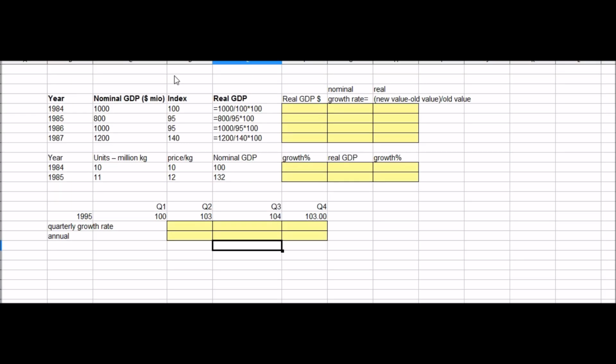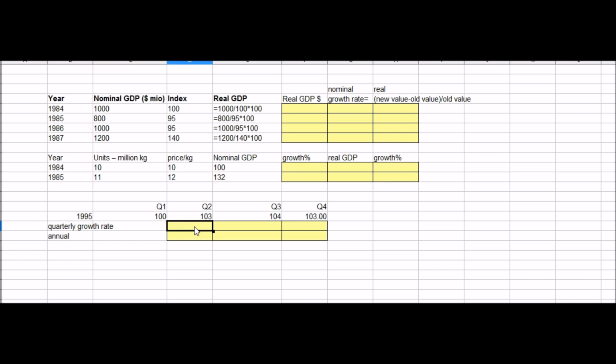So the action item for this lesson would be to complete the yellow spaces where we need to compute the real gross domestic product, the nominal growth rate, and the real growth rate. And for the 1984-1985 year, similarly, compute the growth rate, the real GDP, and the real GDP growth rate.